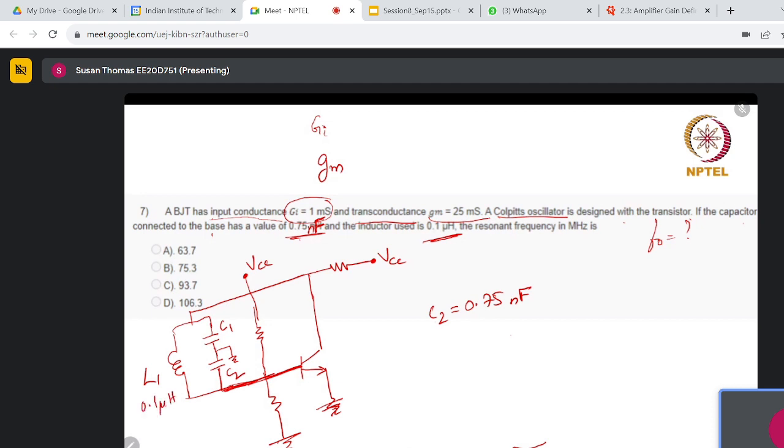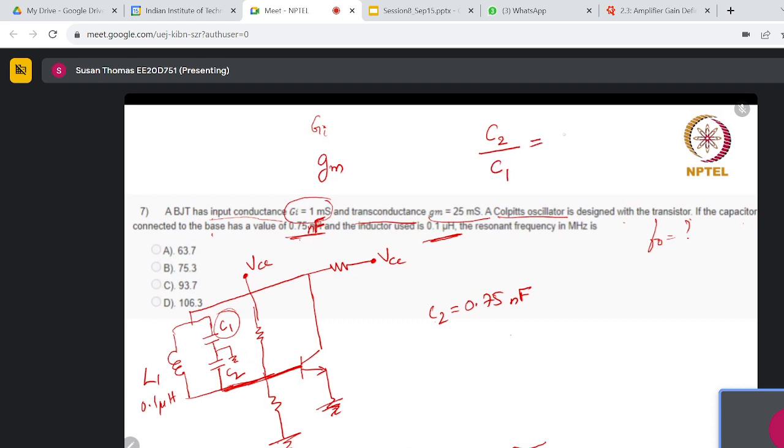Now, how do we find C1? If you know C2, can you find C1? Once you know L1, C1, C2, it's easy to find the resonant frequency. So the only unknown parameter is C1. Is there a way to find C1? Let us look at the condition for oscillation in case of the Colpitts oscillator.